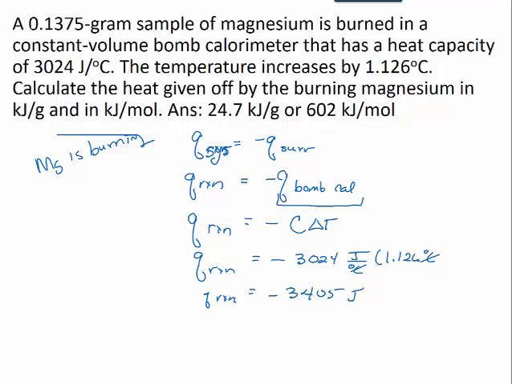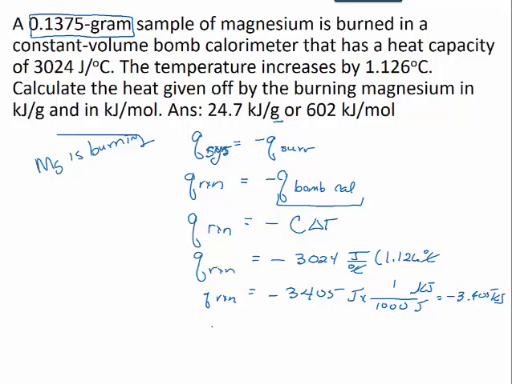But once again, this is the energy for only this many grams of magnesium combusting. Okay? We want it for a gram. We also want it in kilojoules and not joules. So let's go ahead and do that part. I don't want joules, I want kilojoules. So that's going to be a negative 3.405 kilojoules.